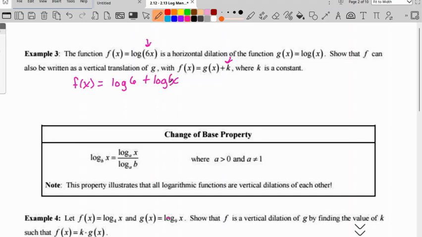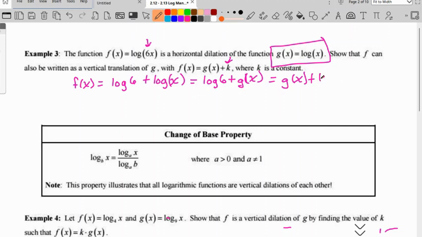And since the log of x equals g of x, then that just equals log of 6 plus g of x, which equals g of x plus k. Right here, they define g of x as the log of x in the problem. So f of x equals g of x plus k, where k equals the log of 6.